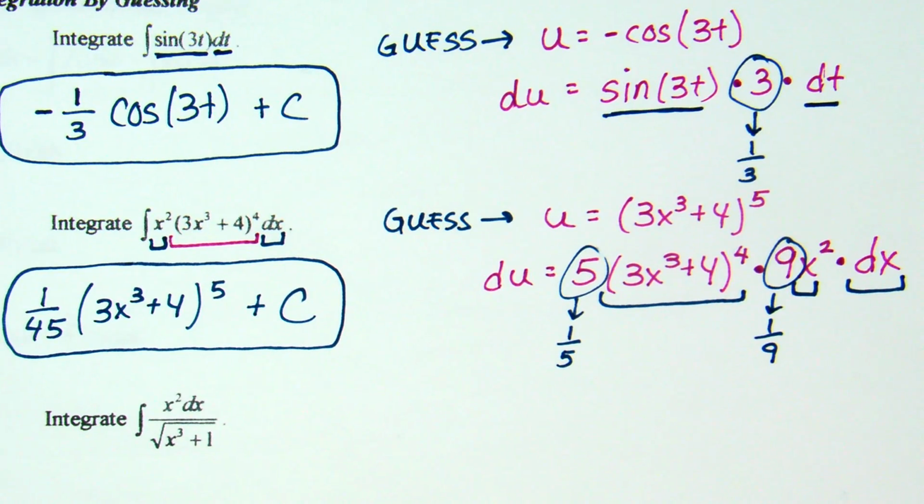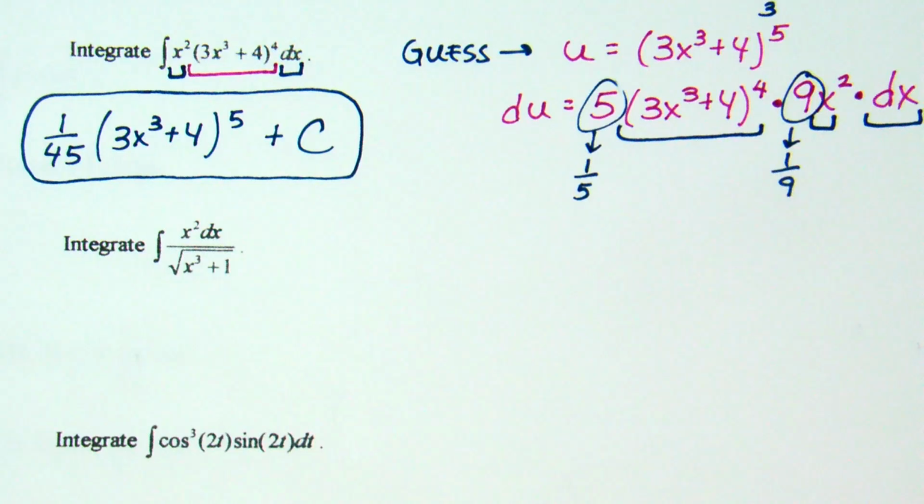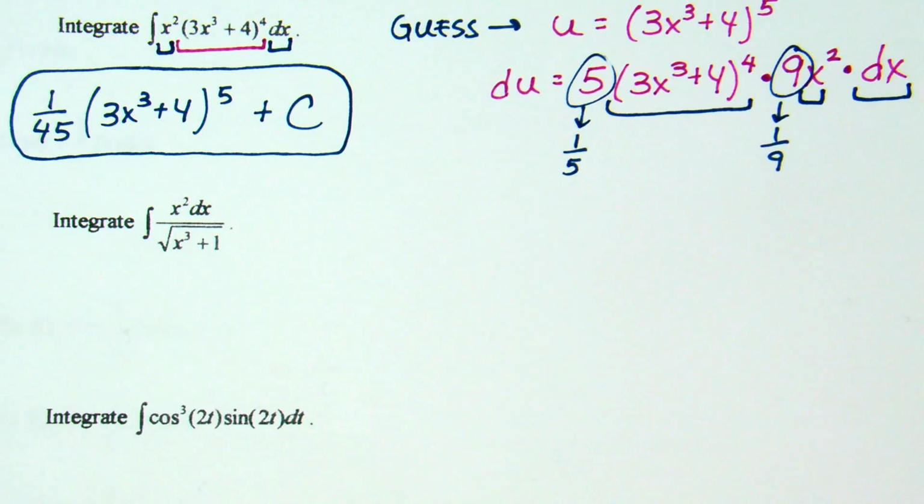Okay, Example 3: we're integrating x squared dx over the square root of x cubed plus 1. What should you think about before you start working the problem here? I would rewrite it. We don't think in terms of integrating square roots, we think in terms of integrating powers.